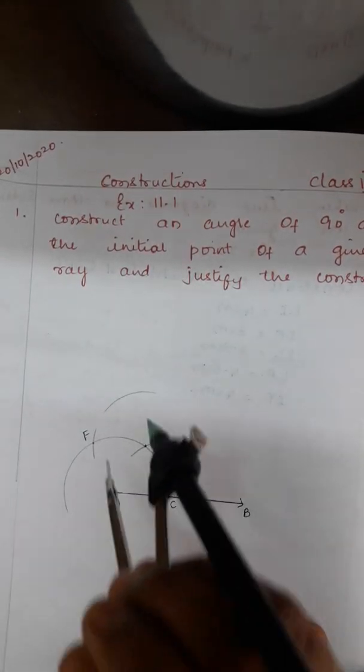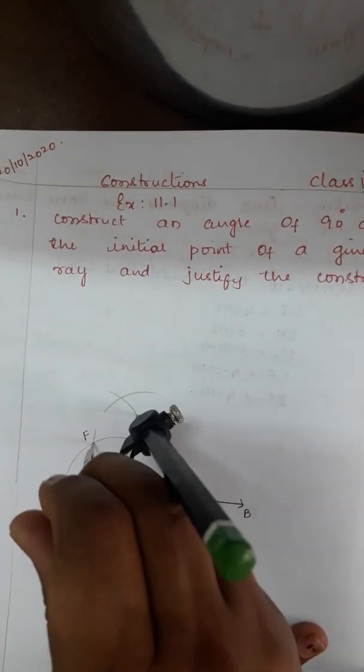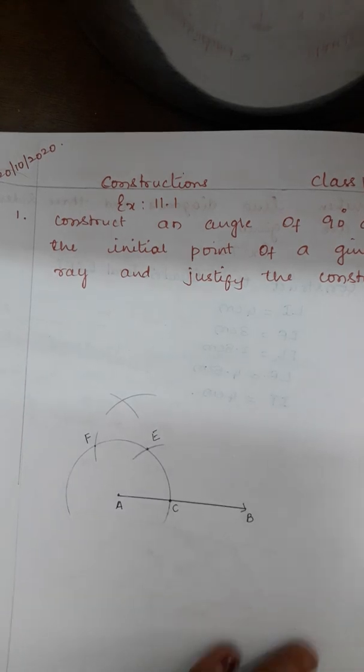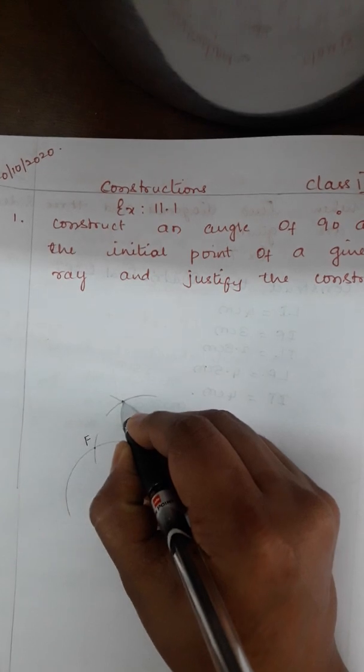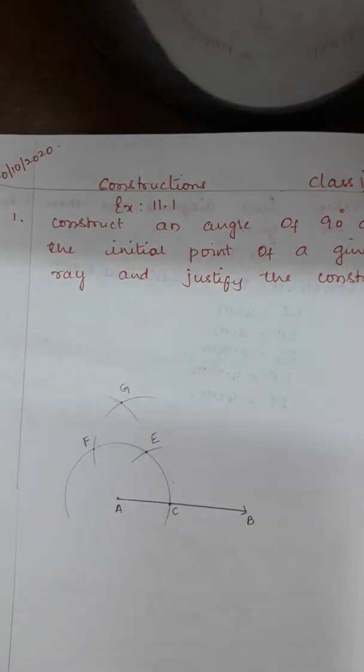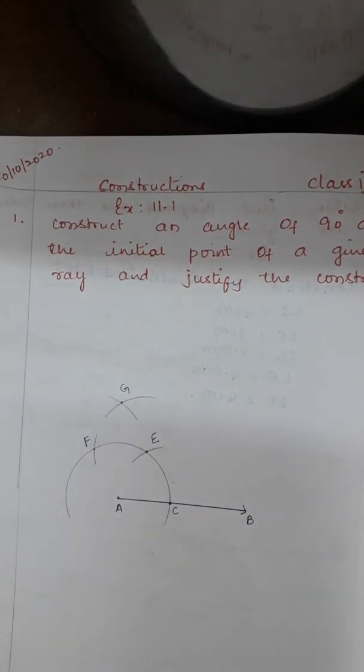Similarly, with the same radius, with F as center, cut one more arc, so that you get a point where the two arcs intersect. Call that point G.